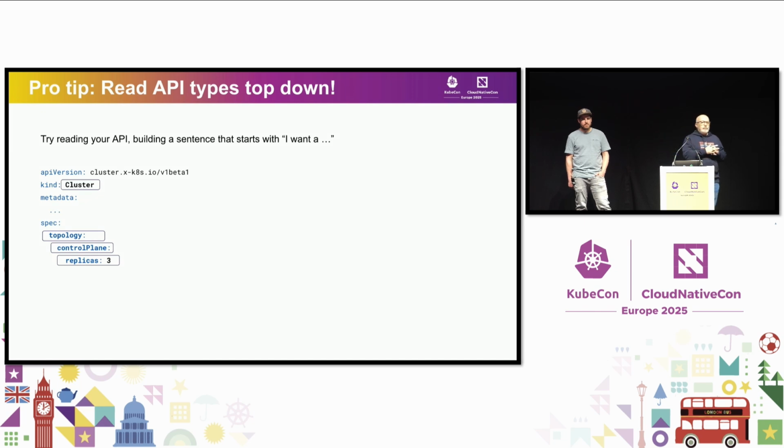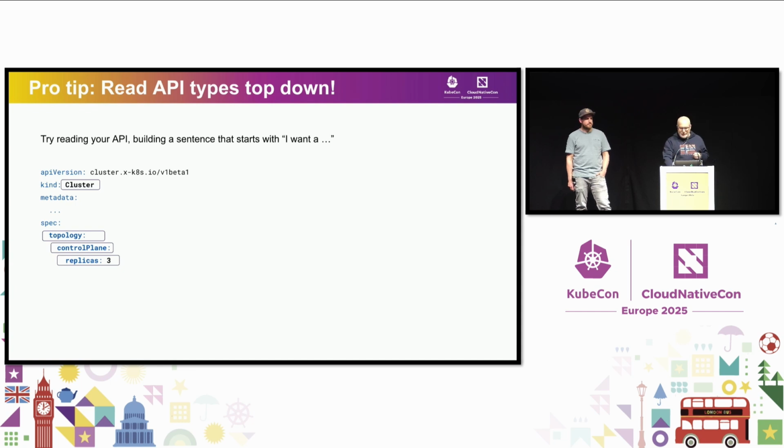Luckily, there are a few tips that can help you. And one is really simple and effective. So you can try to do this exercise. You can try to read your API and transform it and build a sentence that starts with "I want". I want, because it is a declarative API.